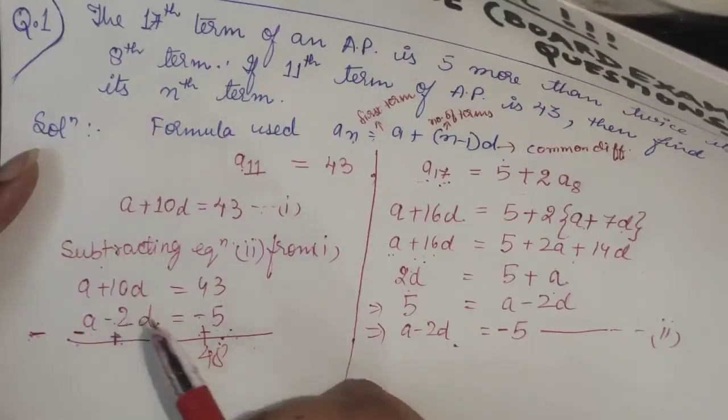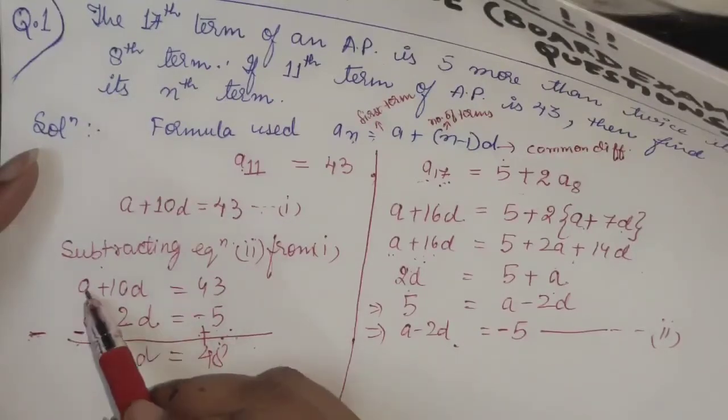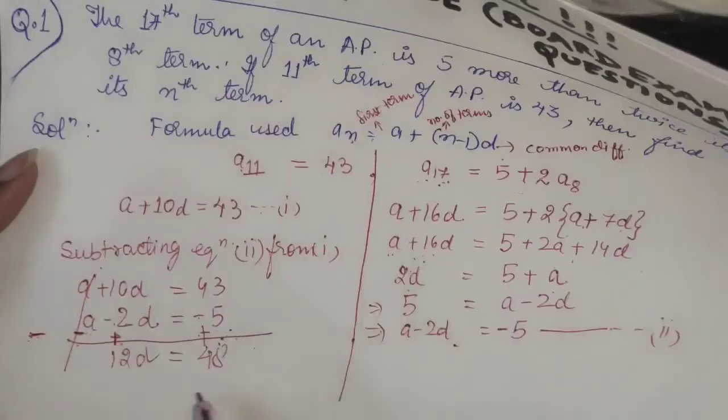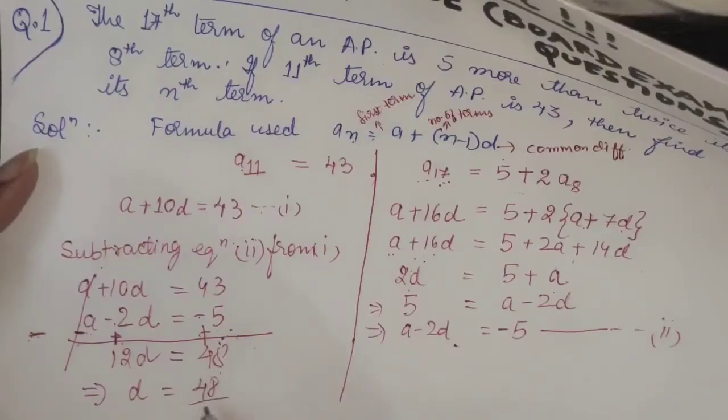10 plus 2 is equal to 12d, and a minus a will cancel out and become 0. So 12d is equal to 48. From here we will get d is equal to 48 by 12.